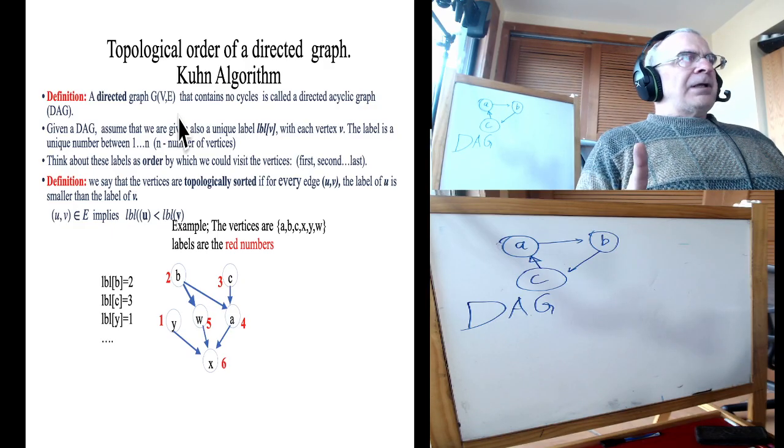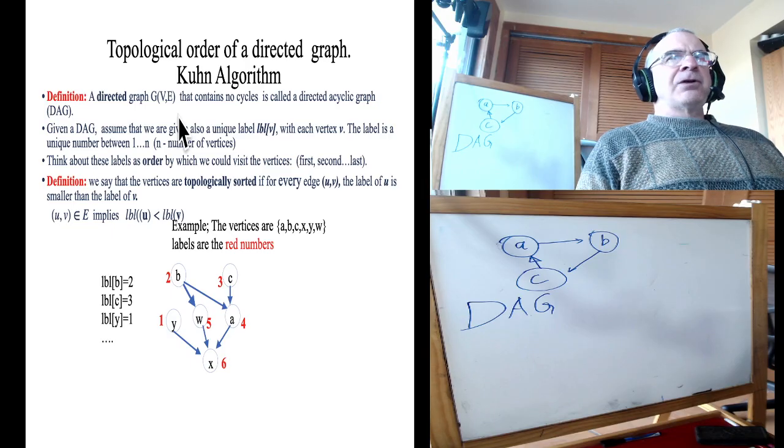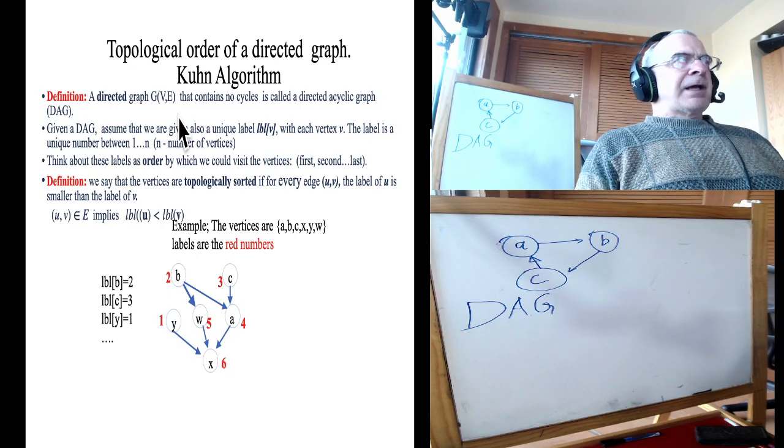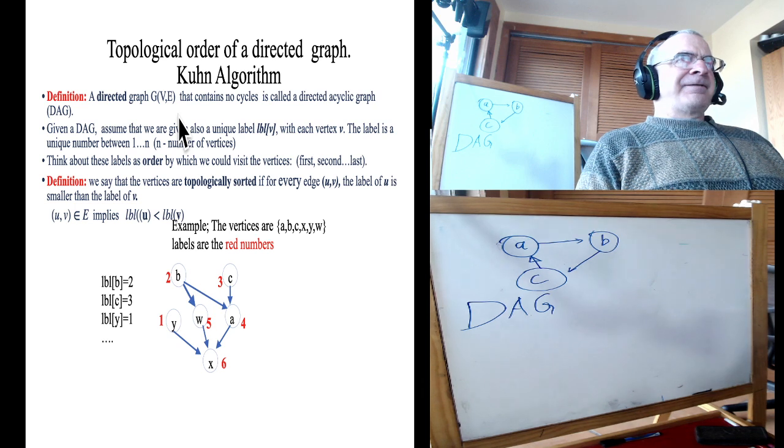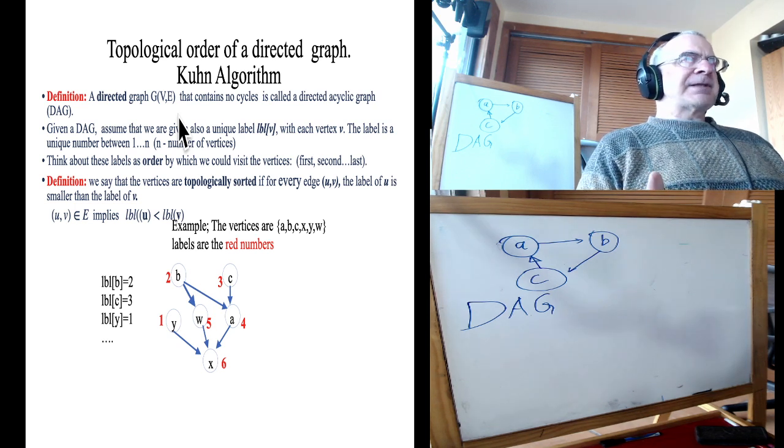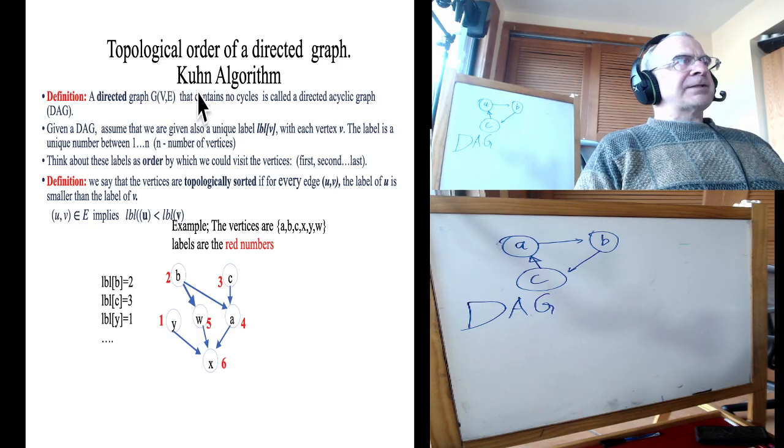A comment about topological order. There is another algorithm that you might have seen for finding topological order, which is using DFS numbers, depth first search numbering. For example, CLRS, their main textbook, does not contain Kahn's algorithm.